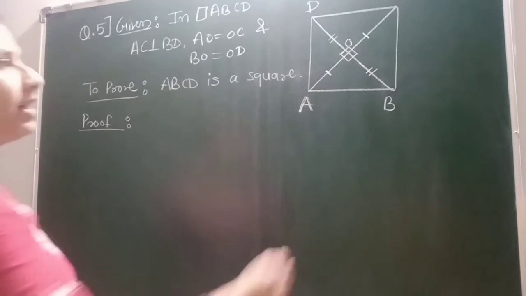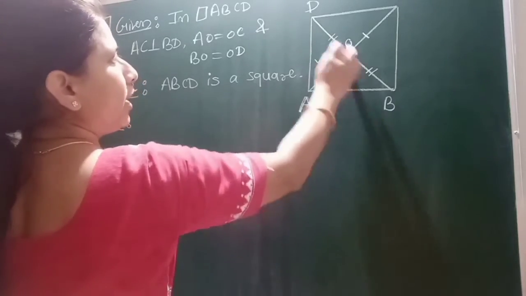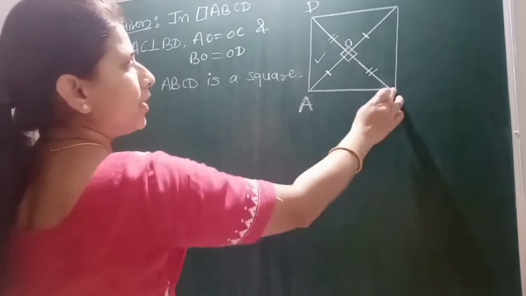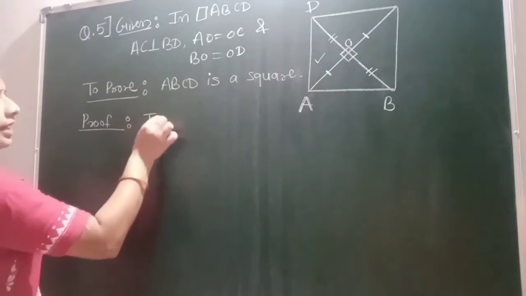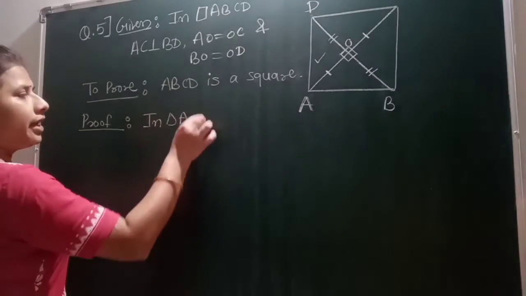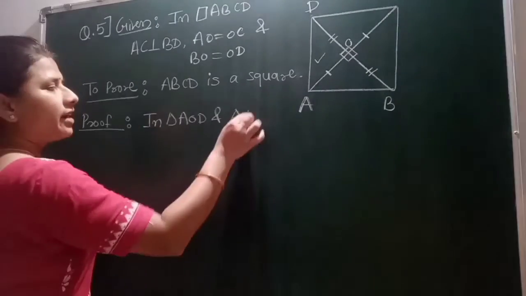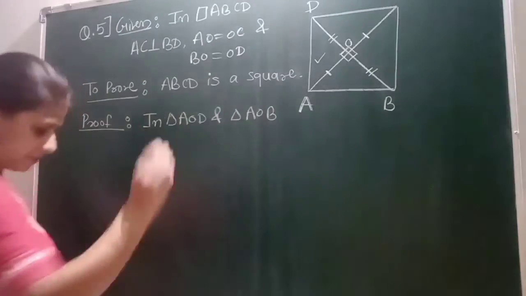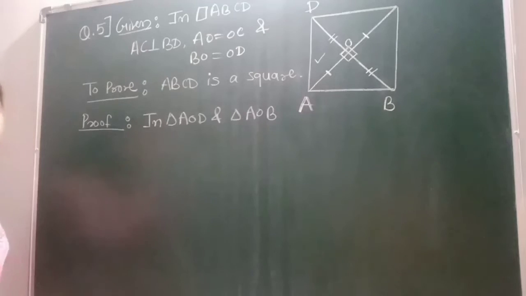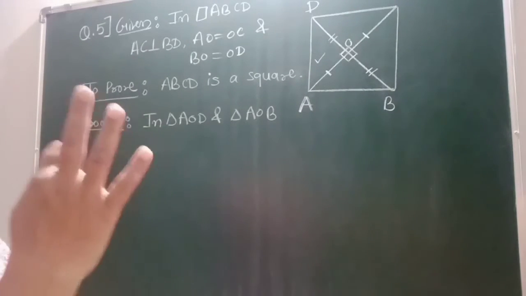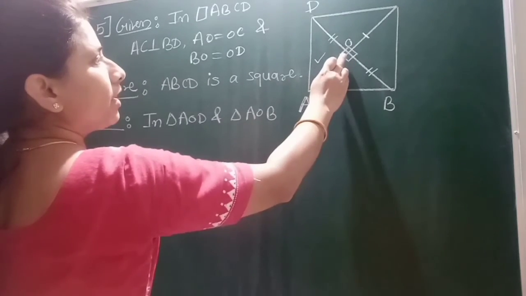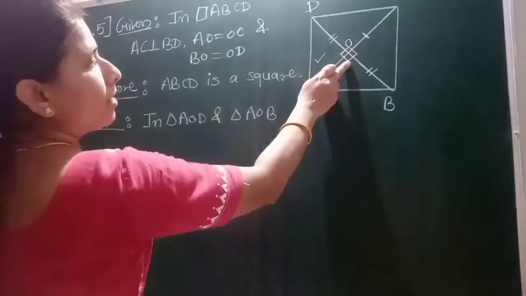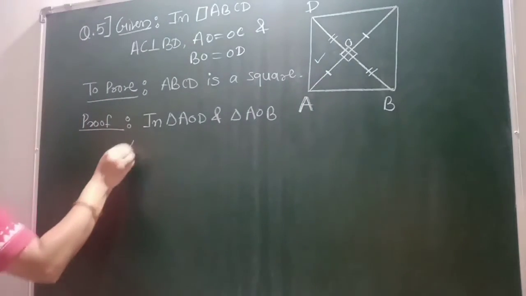Student, first we will take this triangle AOD and triangle AOB and we will prove them congruent. In triangle AOD and triangle AOB, for proving both are congruent, we have to prove three parts. As we know, both the angles will equal 90 degrees.